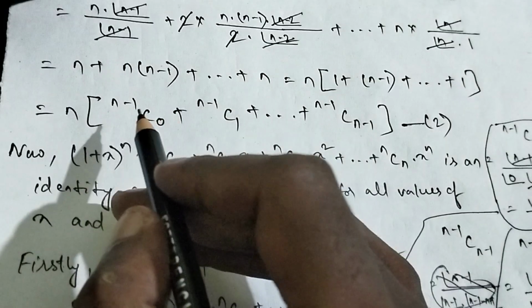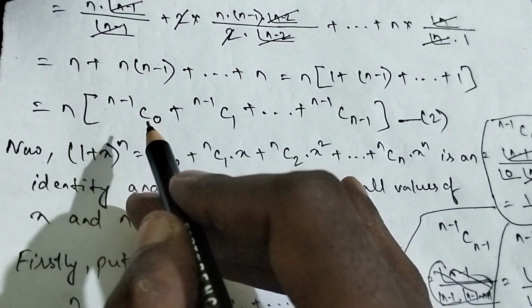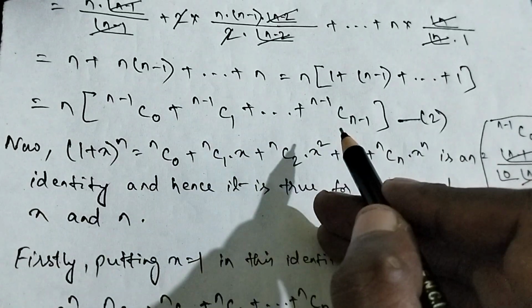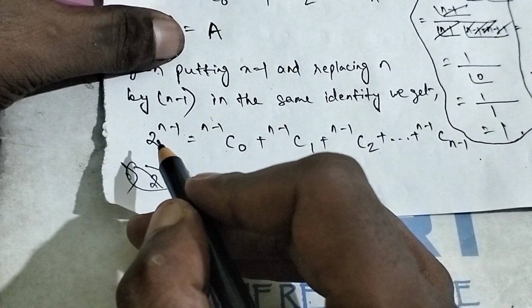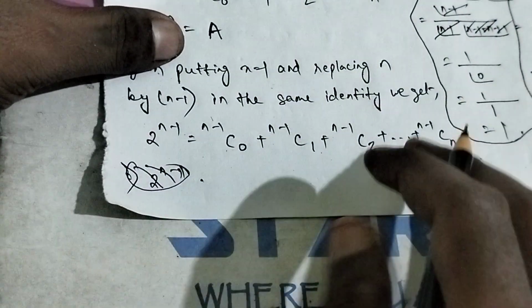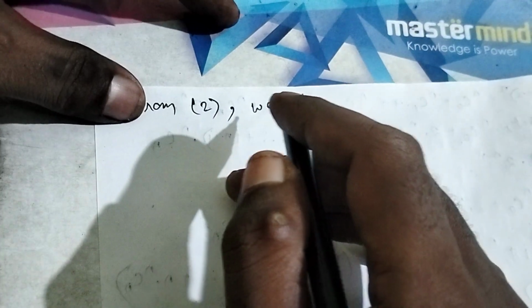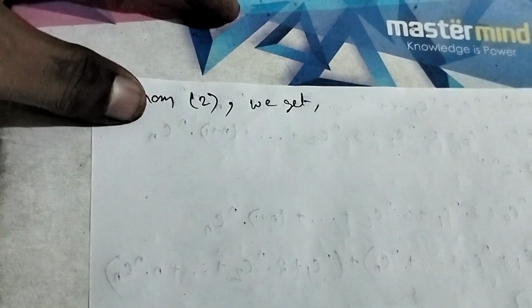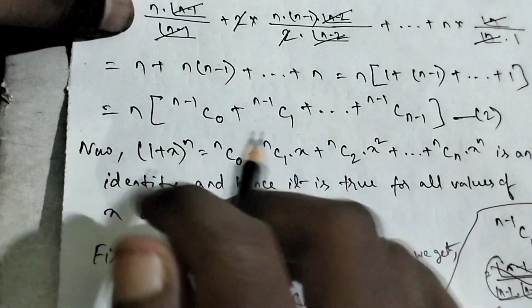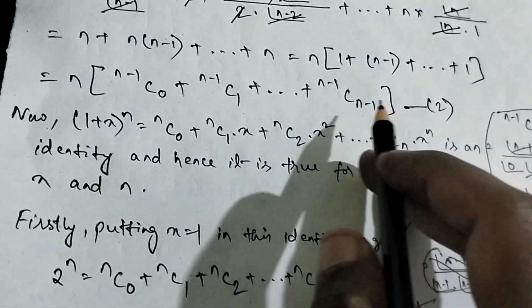Okay, so this portion n minus 1 C0 from here to here is equal to 2 to the power n minus 1. Okay, so from 2 we can write, from 2 it was equation 2, yes, it was 2.